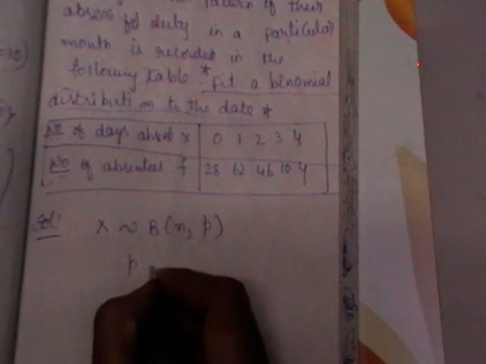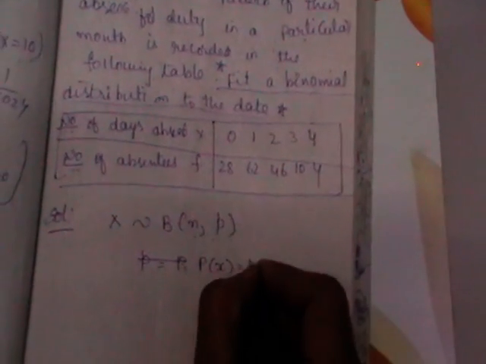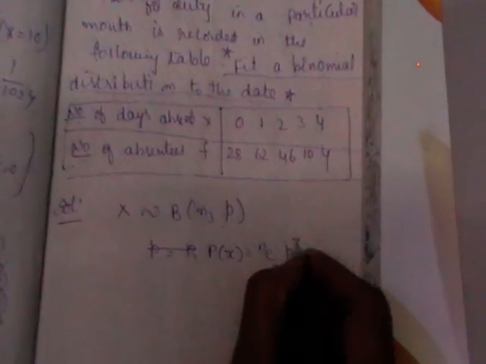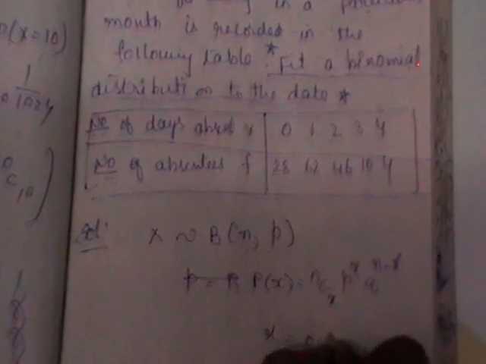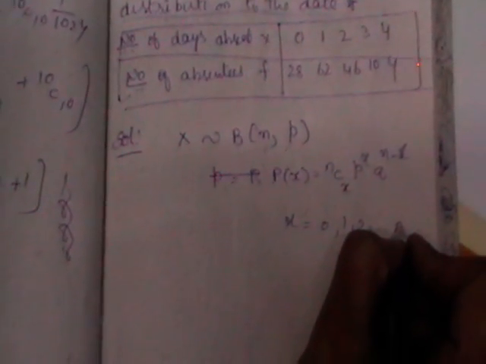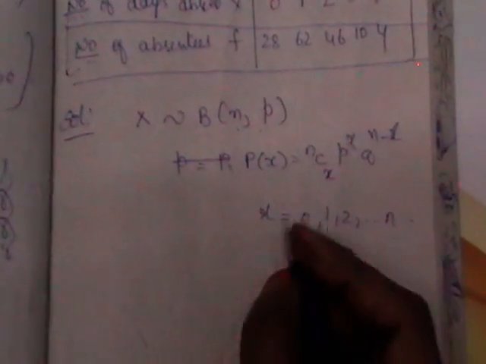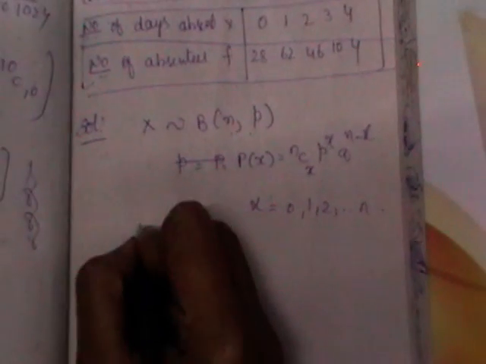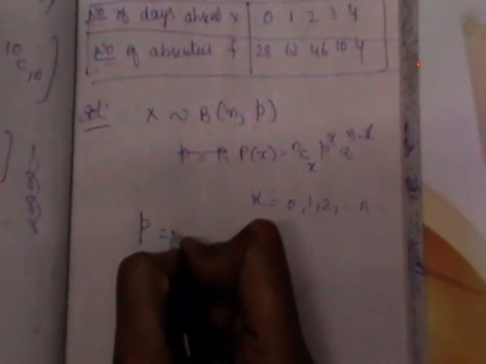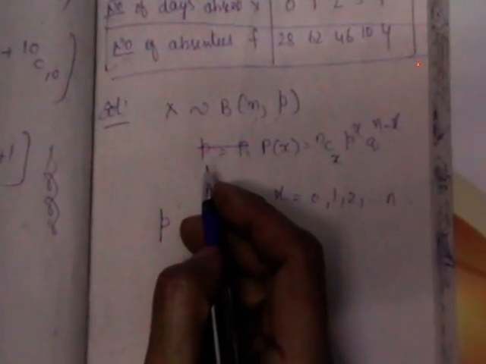Here P(X = x) is nCx p^x q^(n-x), x = 0, 1, 2, and so on up to n, where p is the probability of success and q is the probability of failure. In this type of question p won't be given to you; you need to calculate p.